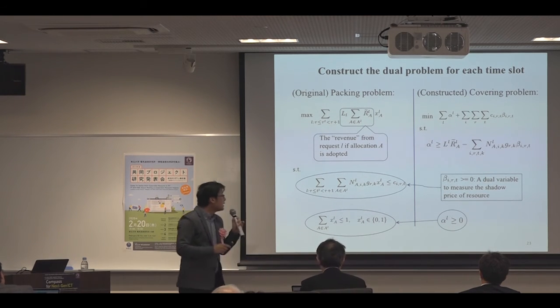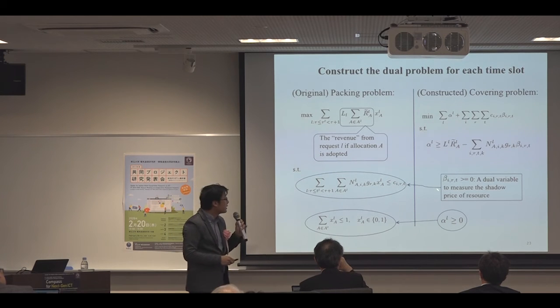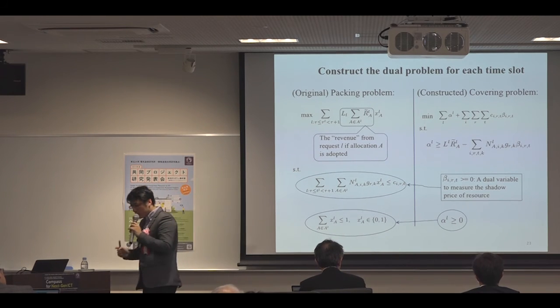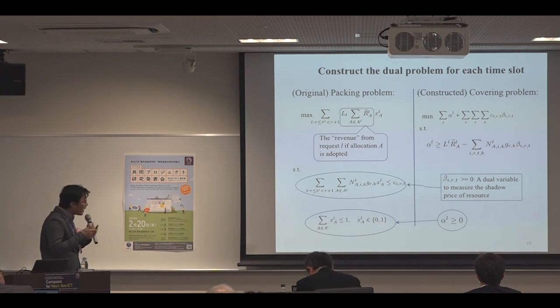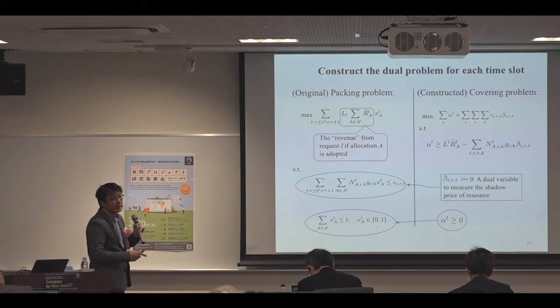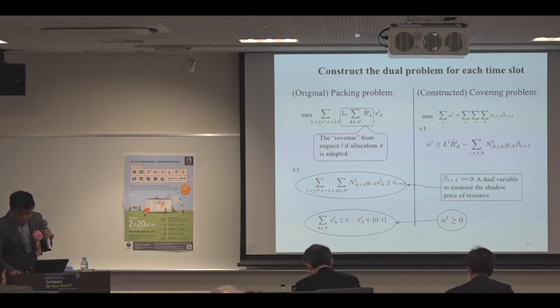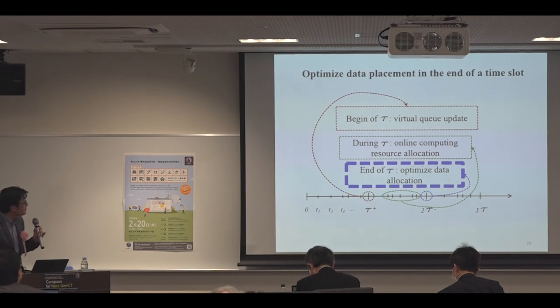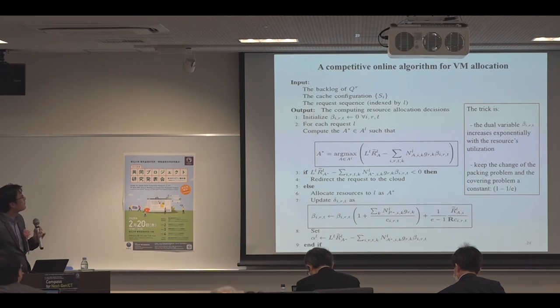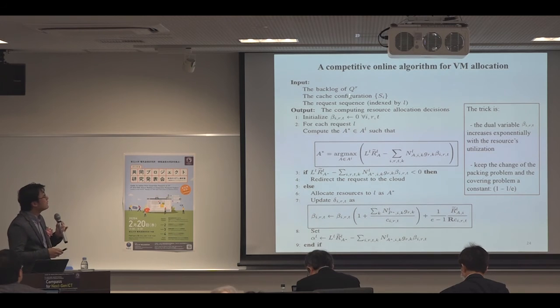For each resource, there is a dual variable to show how rare this resource is. So with this method, we got a competitive online algorithm.